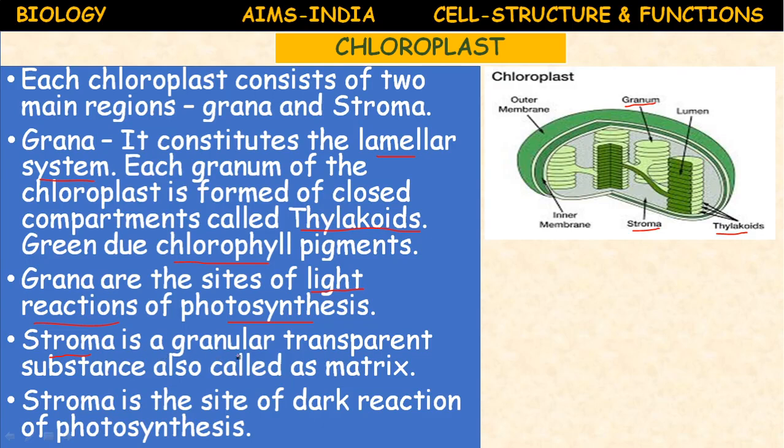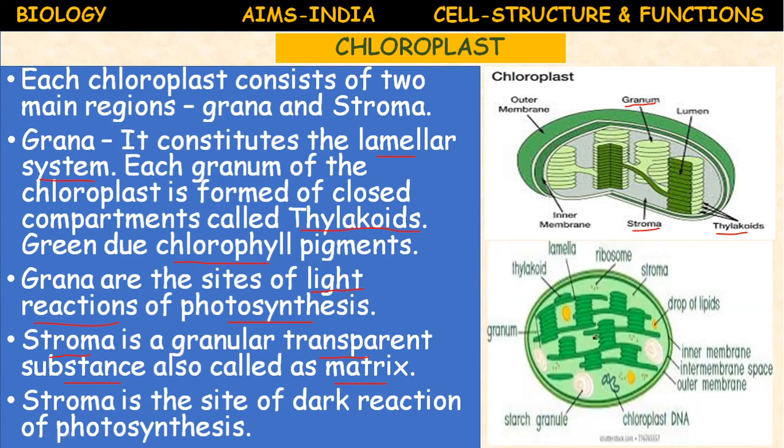Stroma is a granular transparent substance. It is also called matrix. The stroma is the site of dark reaction of photosynthesis, where carbon fixation takes place. See here once again, the chloroplast is oval or round in shape.